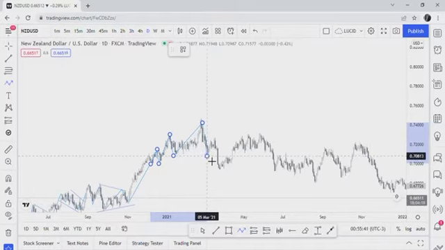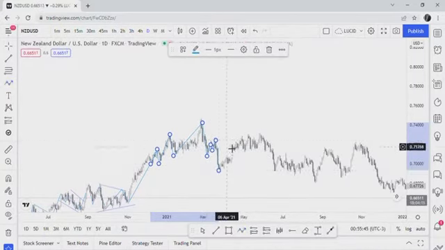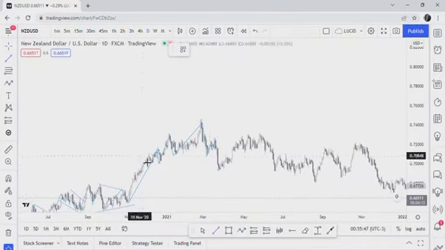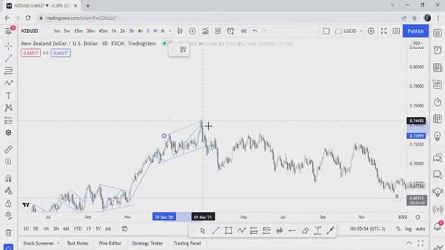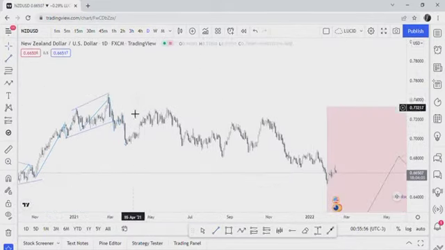Then price dropped, then gave a correction after the impulse, then dropped again, right? So this is a correction to the downside, right?